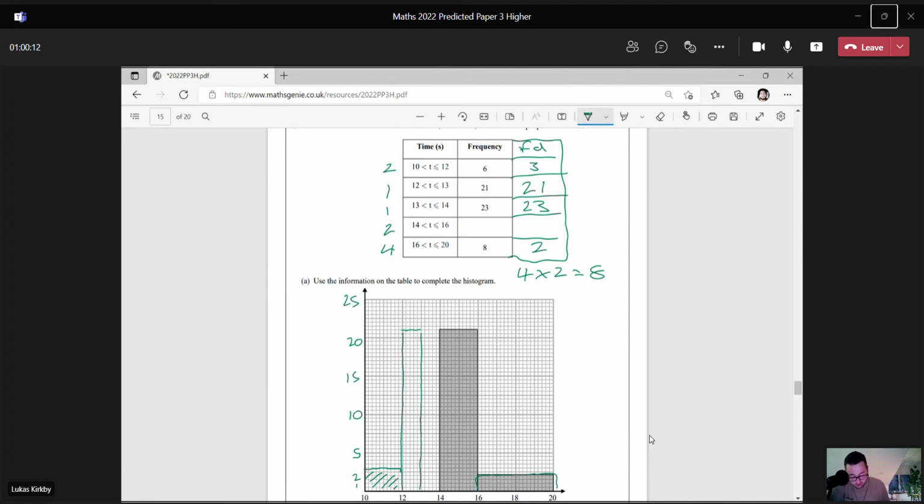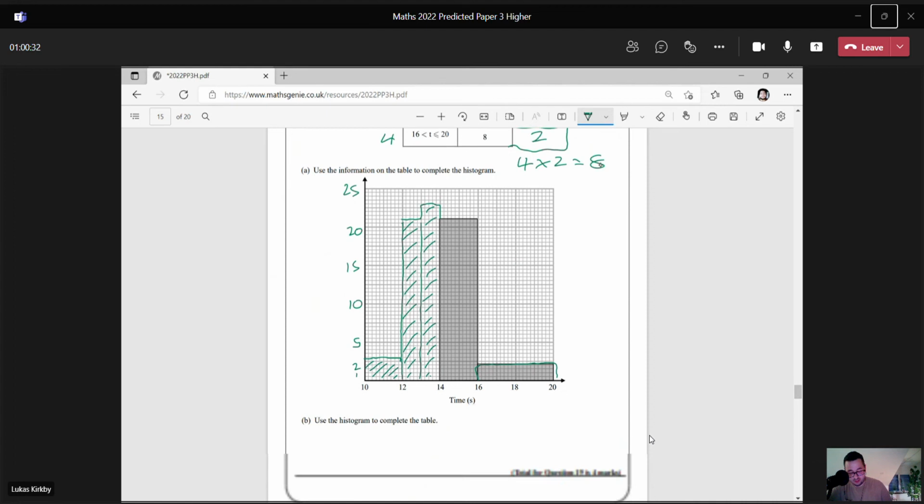So that is between 12 and 13. And then between 13 and 14, it's 23, which is up there. Okay, so I've used the information to complete the histogram.